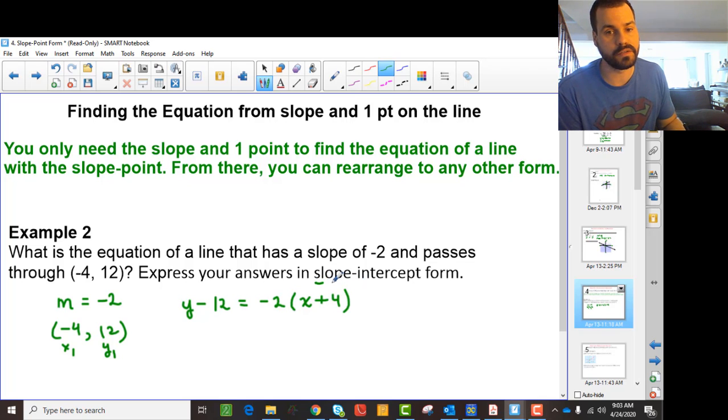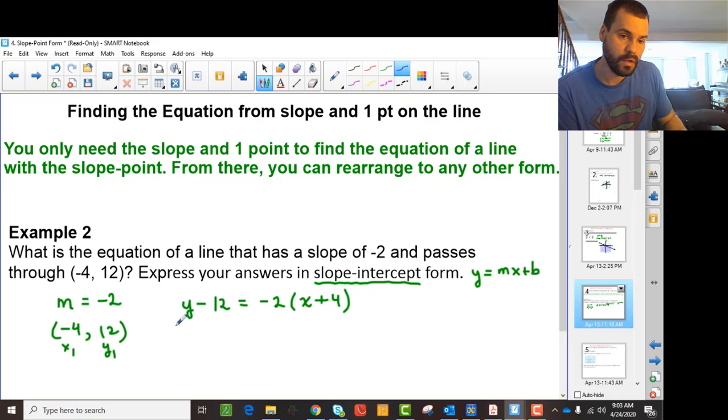But you notice it says slope-intercept form. So you remember slope-intercept form is just y equals mx plus b. So how do we switch it? Well, all we do is we go like this. We leave the -12 here for a second and we expand this bracket. So we get -2x and then -8.